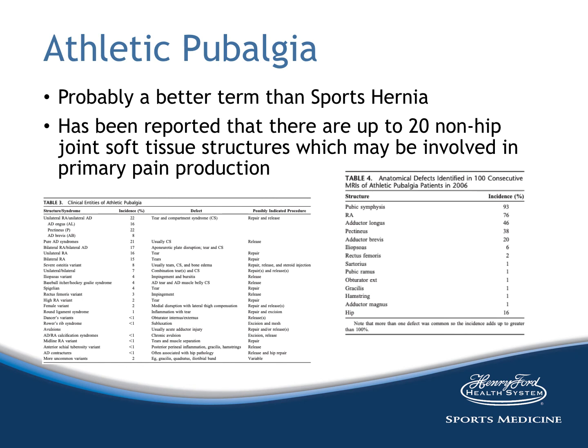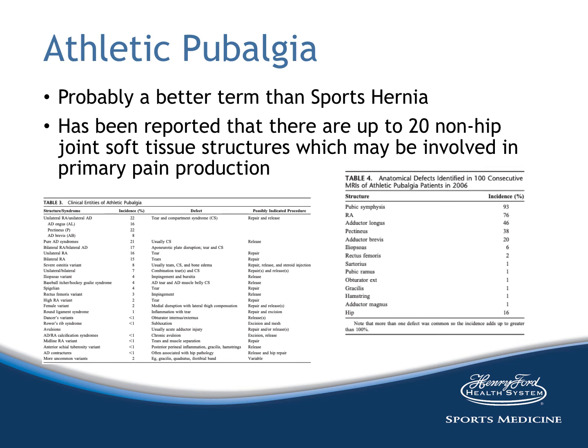Athletic pubalgia is probably a better term to use compared to sports hernia. It has been reported that there are up to 20 non-ball and socket joint soft tissue structures which may be involved in the primary pain production of people presenting with pubic-related sport pain.